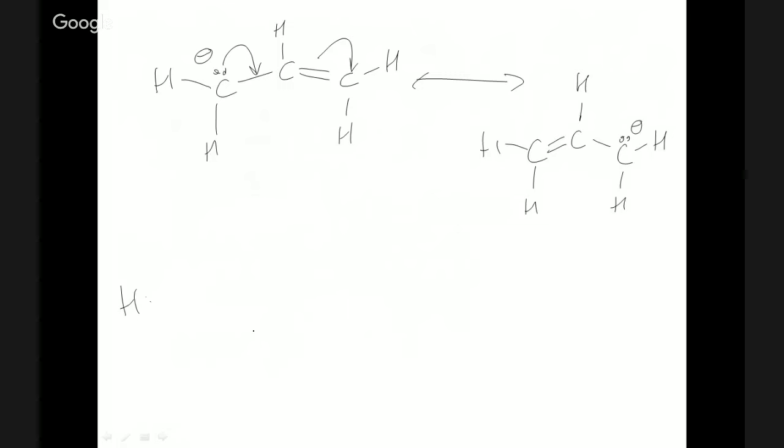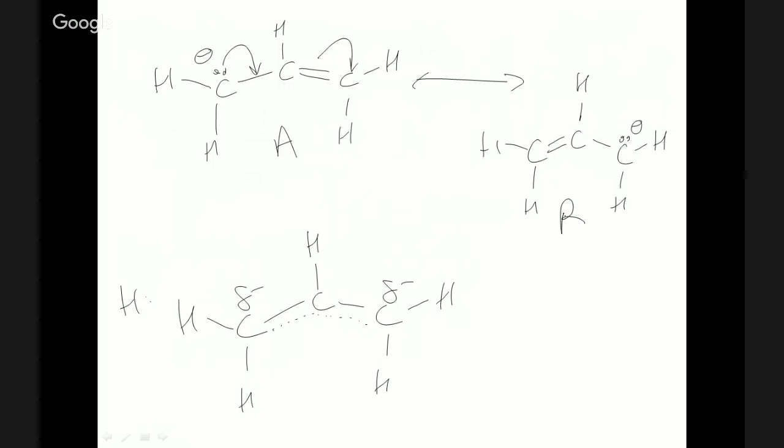Let's draw the hybrid. All the atoms that have not changed. And now we have 2 pairs of electrons that are shared amongst 3 carbons. And we have a delta minus, delta minus. We would say these 2 resonance forms A and B are equivalent now. Because there's a minus charge on 2 carbons, it's 50% on each.